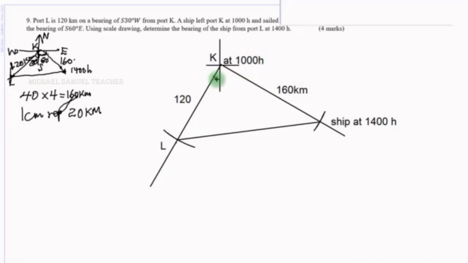And this is 30, the other angle is 60 degrees. So this is kilometers.